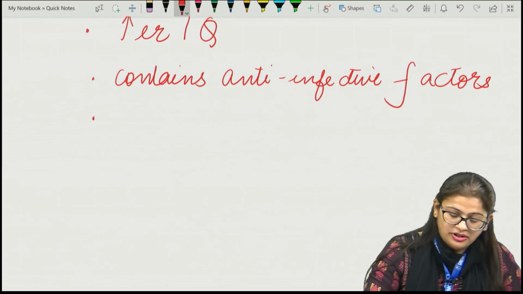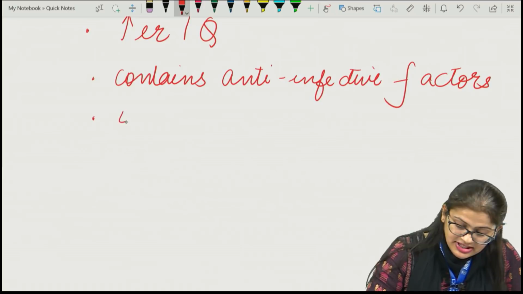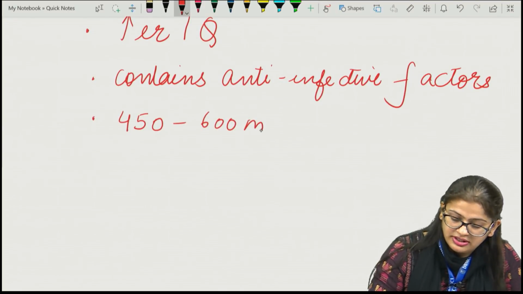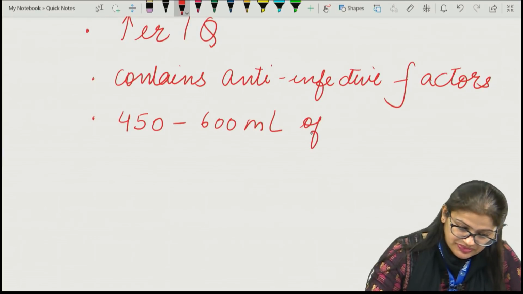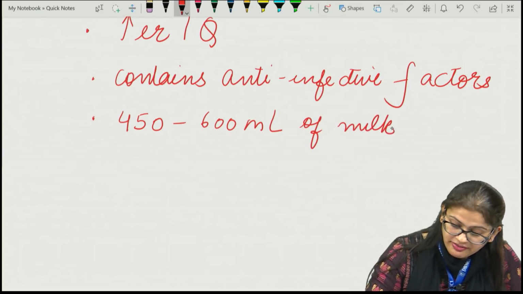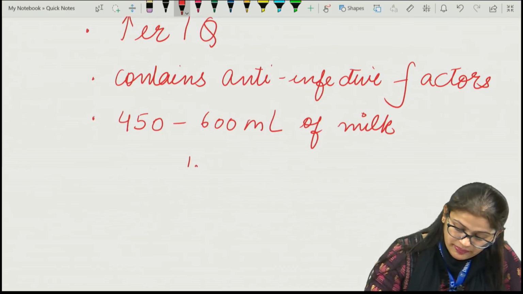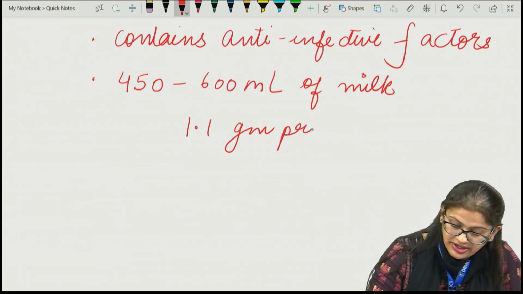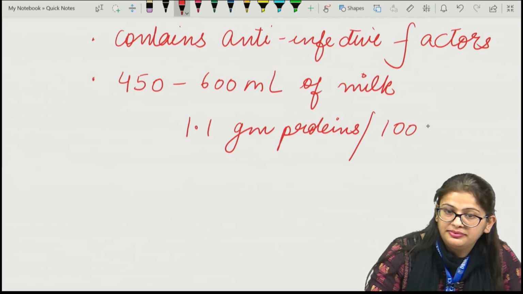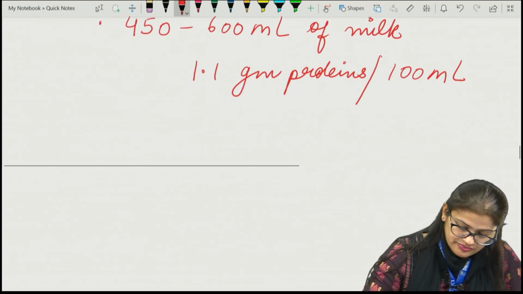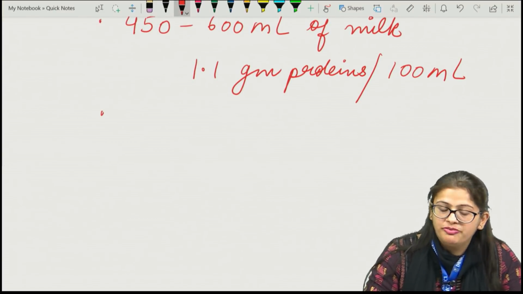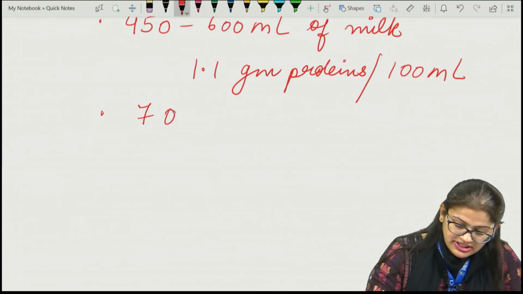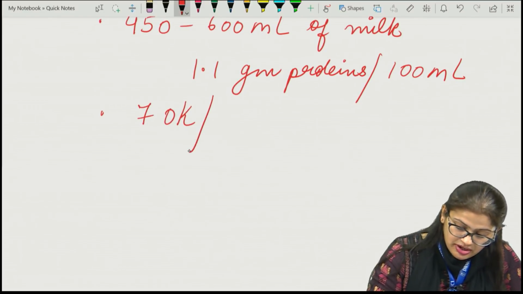A mother can secrete up to 450 to 600 ml of milk daily, which will have a protein content of almost 1.1 gram of protein per 100 ml. And the energy content of breast milk is close to 70 calories per 100 ml.